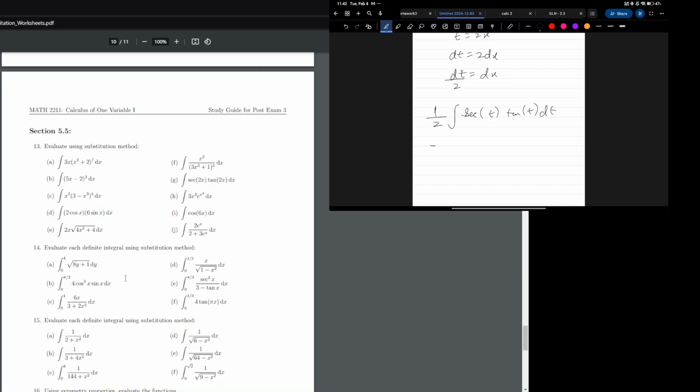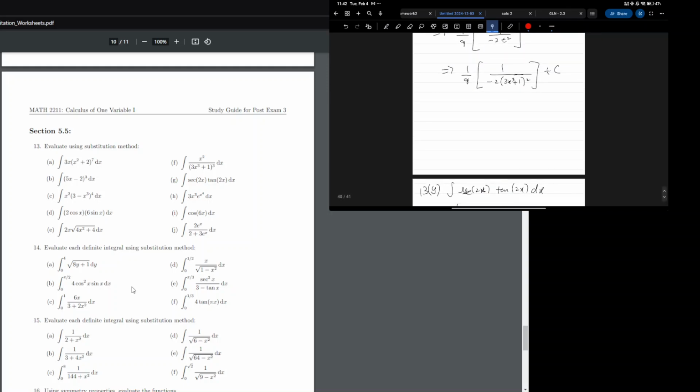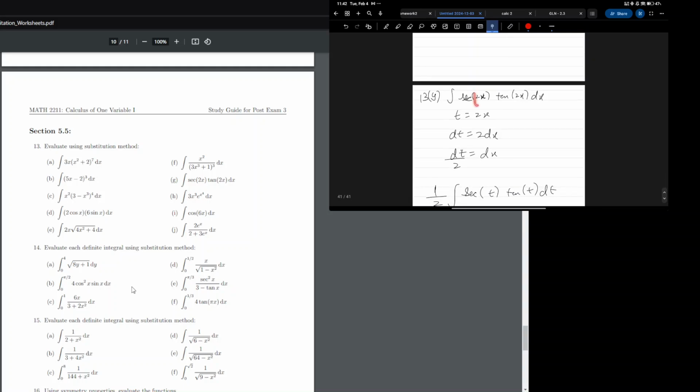So I can just write this as half of secant t plus c, and I took t as 2x. Now secant of 2x over 2 plus c, that is my integral. Okay, it wasn't that hard. It's just choosing the things to take the substitution of.